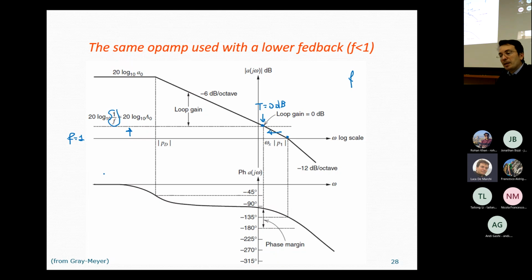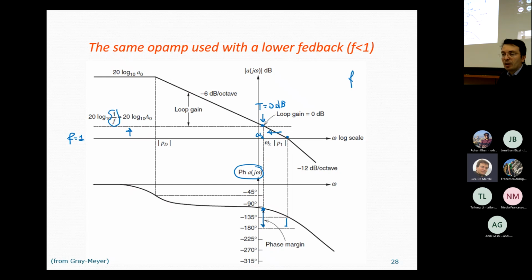So the omega null value is then shifted here. This means that the phase margin becomes larger because the pole positions are unaffected, so the phase curve is always the same, but omega null is at lower frequencies. So we have a larger phase margin with respect to the previous condition.